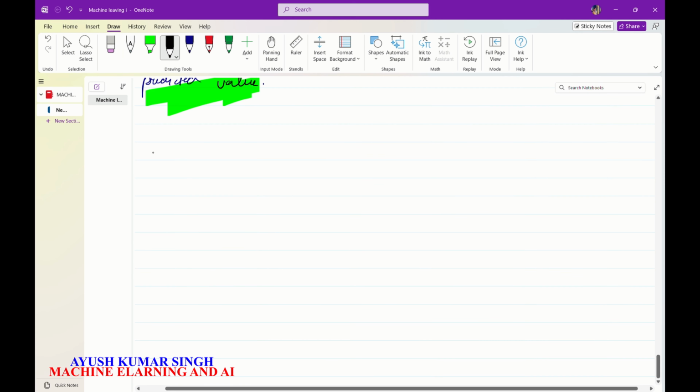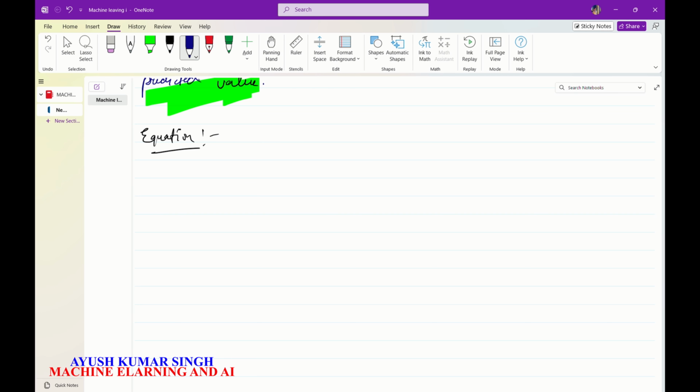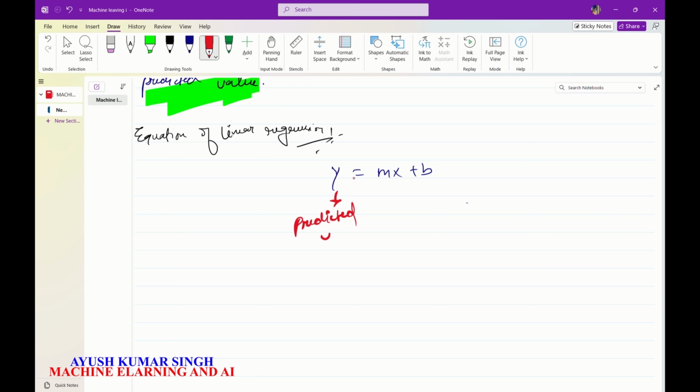the equation of linear regression. So we have one main equation, that is y is equal to mx plus b, where y is the predicted value.